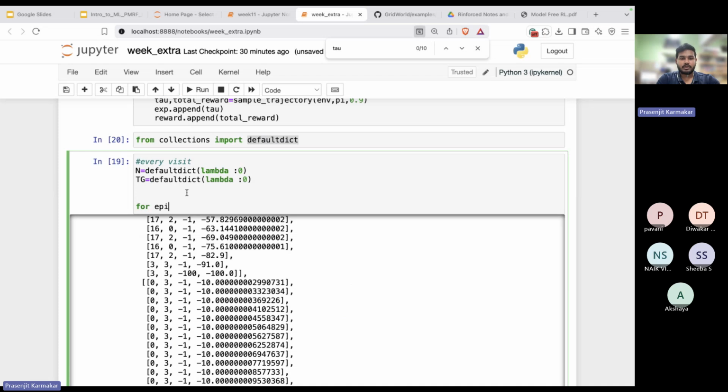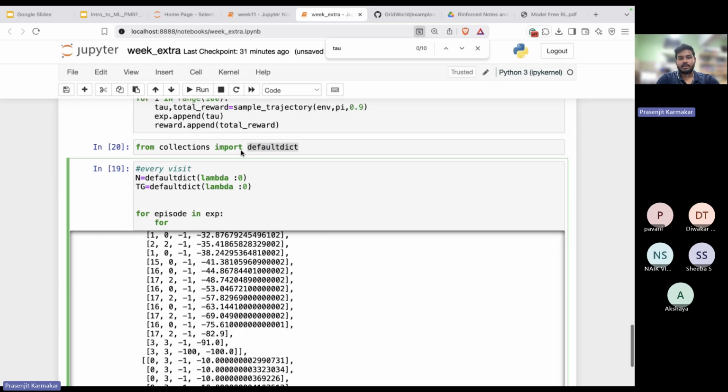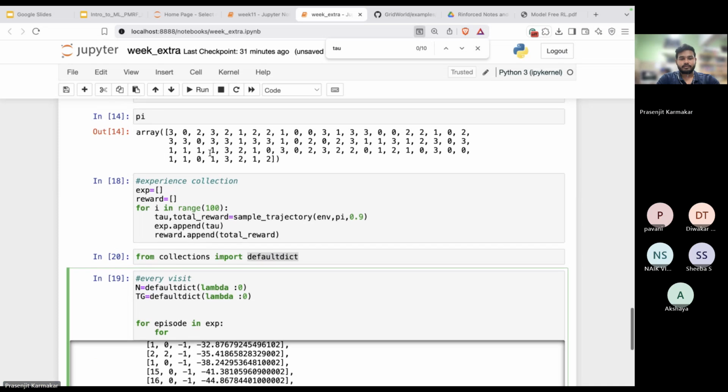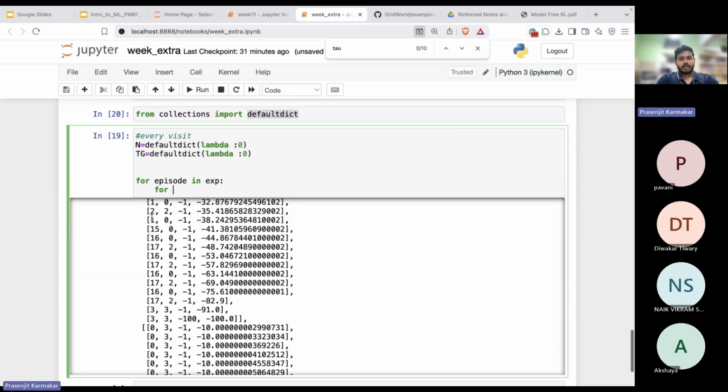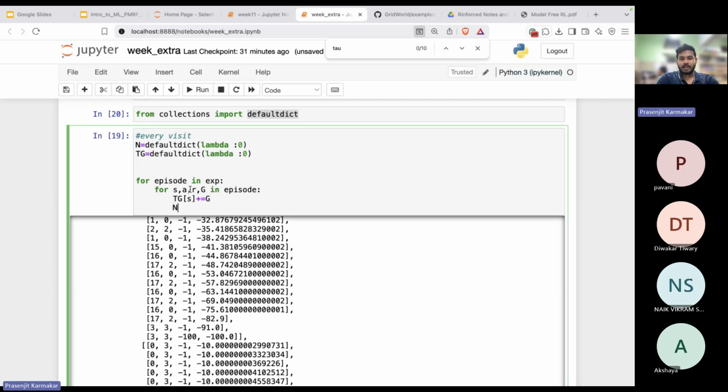Now for every episode in experience, for every pair we have, S, A, R, G, in the episode, what you do: TG of S for that particular state, you add G to it, and the number of visits to that state, you also add 1.